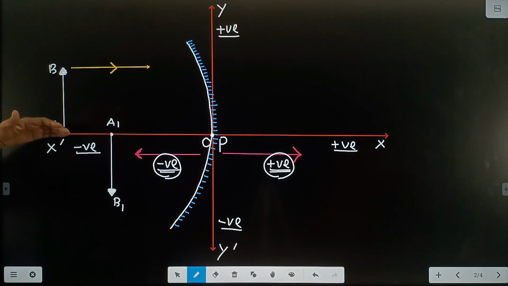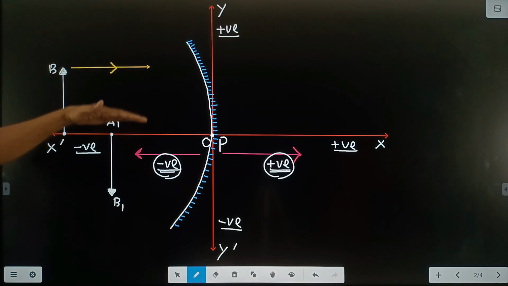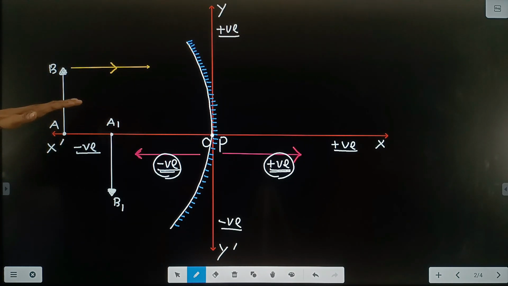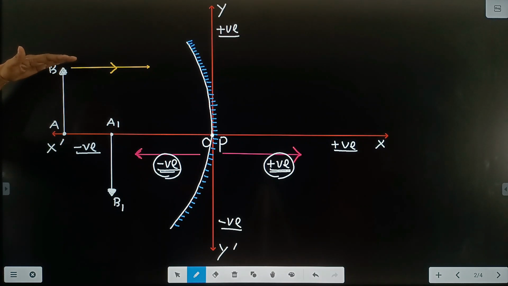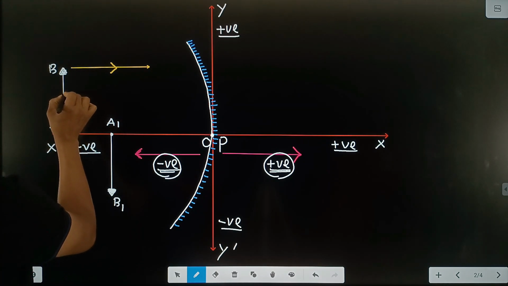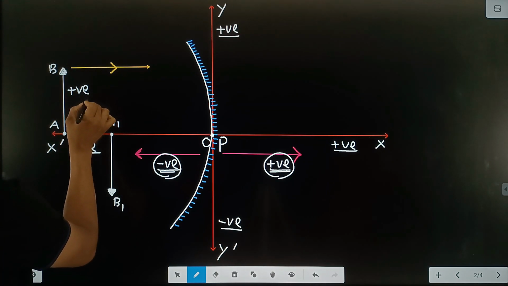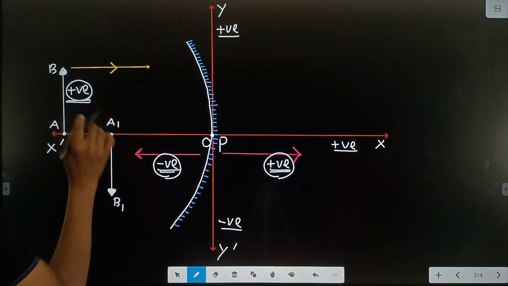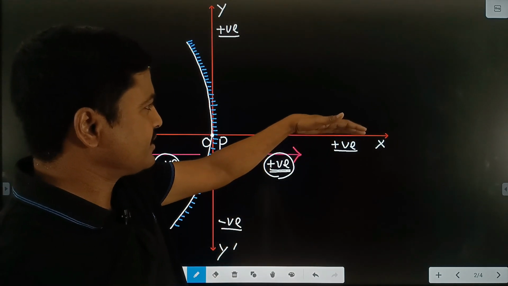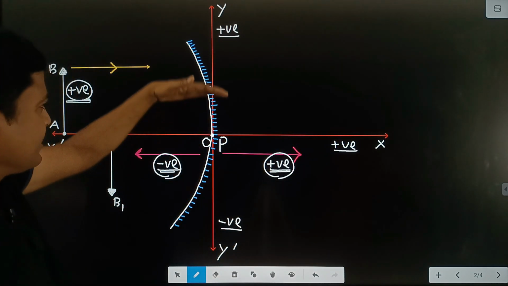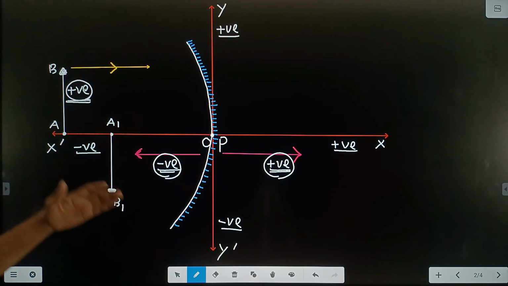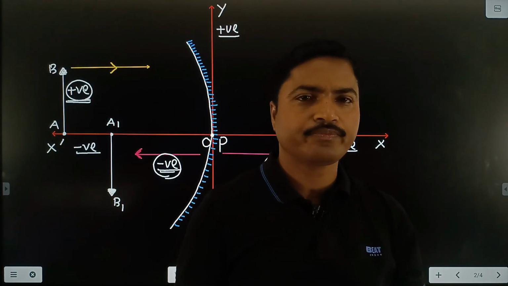Then here object AB is situated above the principal axis, or above the x-axis. If the object is situated above the principal axis, the sign is always positive. Clear?